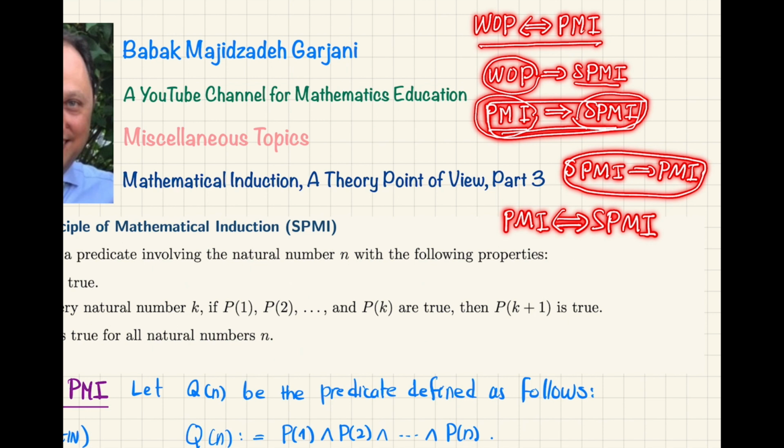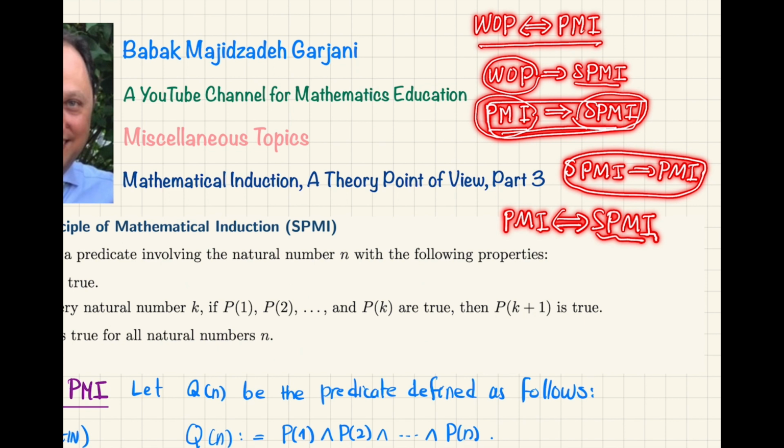So in principle, whatever can be proven by PMI can also be proven by SPMI, or the other way around. Whatever you can prove with the strong principle of mathematical induction, in principle you can also prove with the principle of mathematical induction itself, but you need to do some more work to make it done. Okay, but if you start from the strong principle of mathematical induction for some kinds of examples, one of which I will give you right now, it would be easier for you.